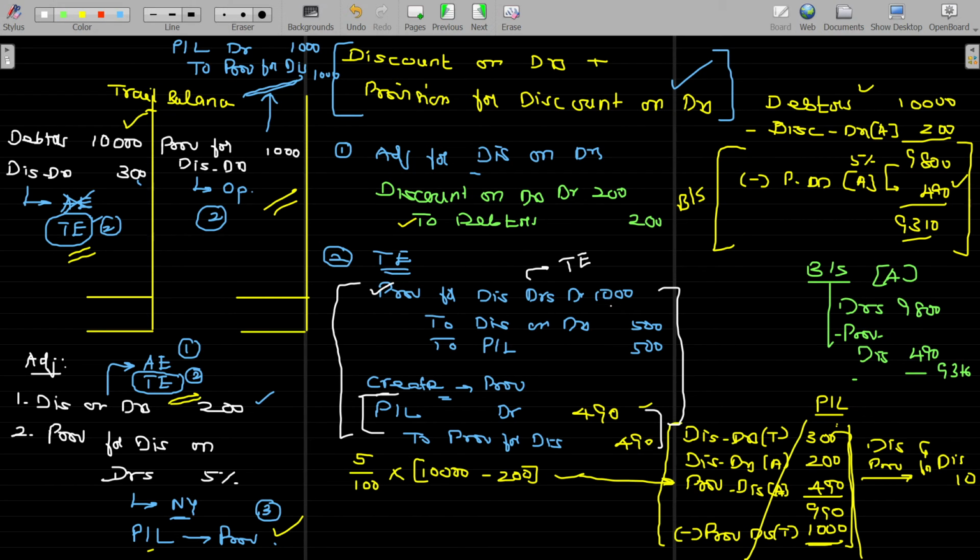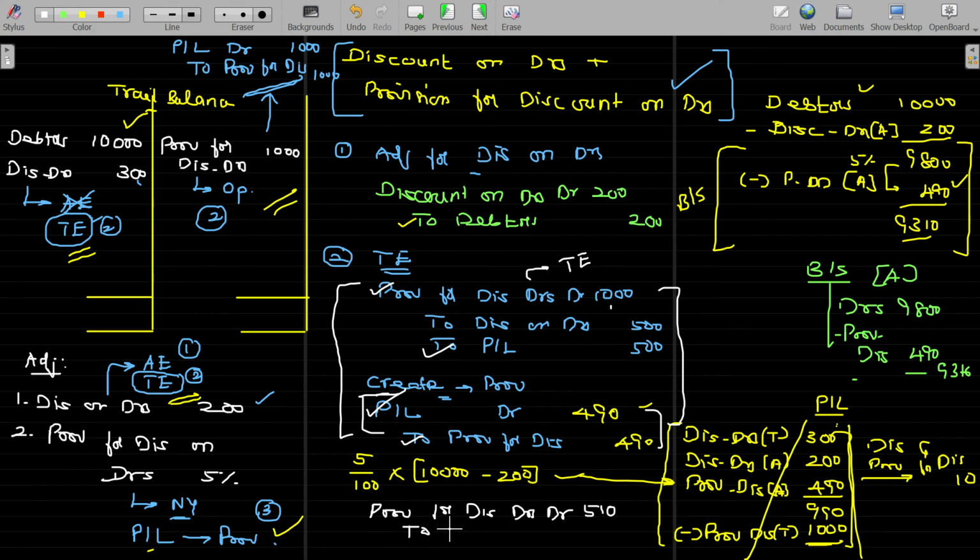Provision for discount on debtors, debit side 1,000, credit side 490, ends with 510 only in the debit side. So provision for discount on debtors, the value being 510. Then in P&L account, debit side 490, credit side 500, ends with 10 rupees in the credit side.